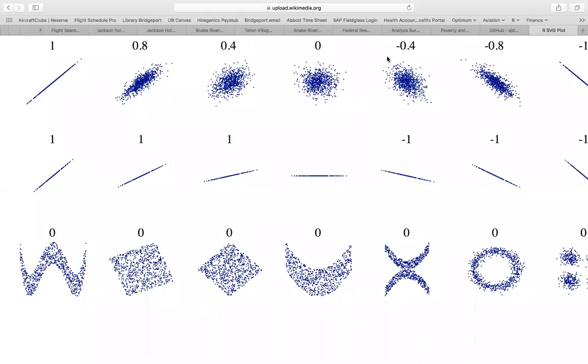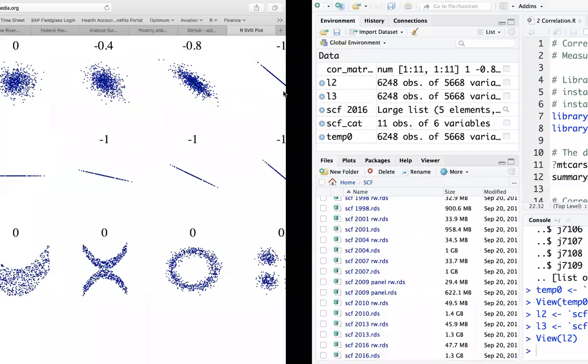And then you'll follow by saying, is the relationship strong, like a 0.8? Is it moderate, like a 0.4? Or is it weak, like a 0.02? So these are the things that we want to do with correlation. So without further ado, I think examples go a long way. Let's get into R.